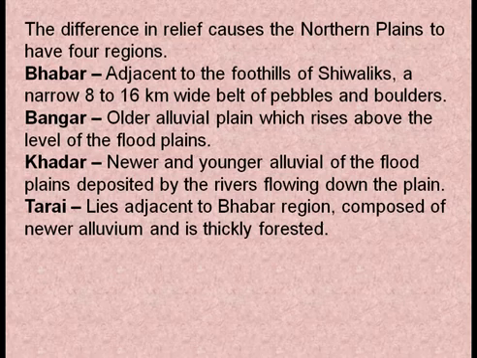Next, Bangar, that's an old alluvial plain which rises above the level of the floodplains. Khadar, that's new and younger alluvial soil of the floodplains deposited by the river. Next, Tarai lies adjacent to the Bhabar region, composed of newer alluvium.